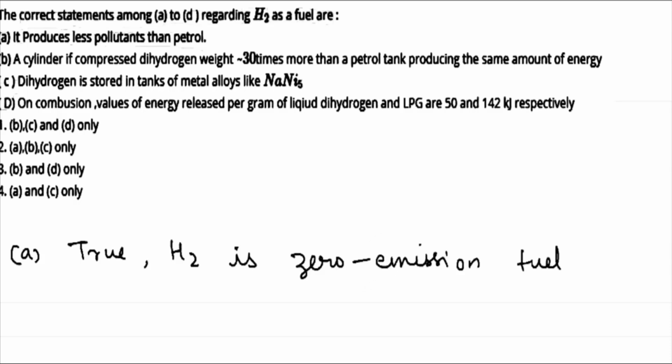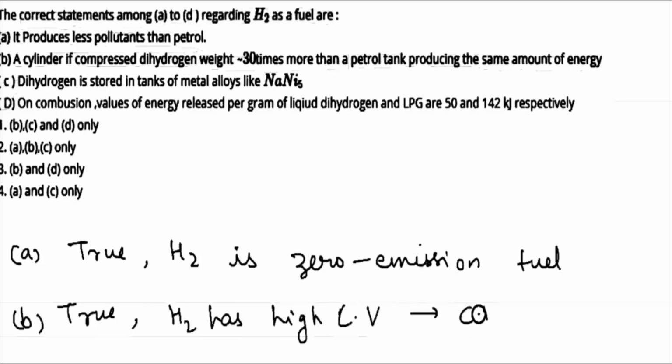The second statement is that a cylinder of compressed dihydrogen weighs 30 times more than a petrol tank producing the same amount of energy. So our second statement is also true because H2 has a high calorific value.